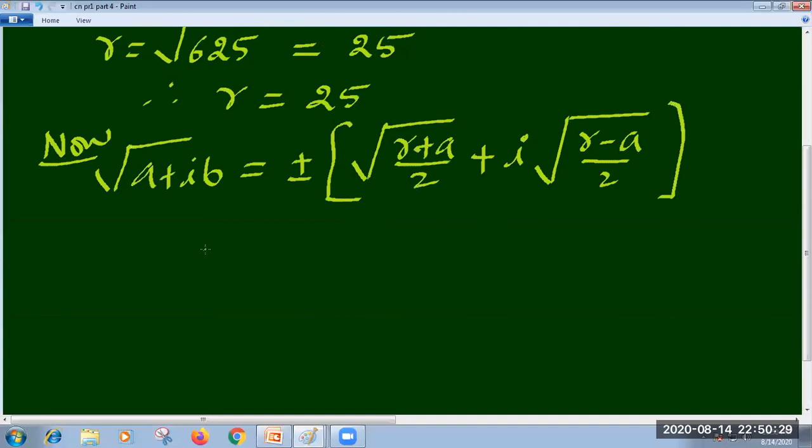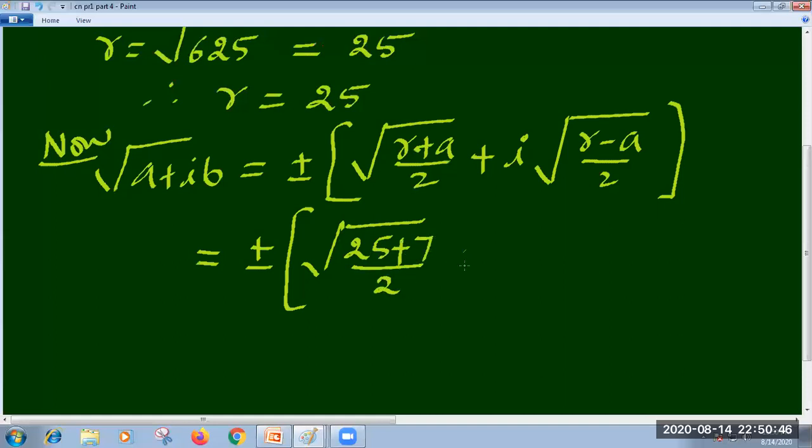So substitute the r and a values. So this is under root, r value 25, a value 7, so 25 plus 7 by 2, plus i under root r minus a, 25 minus 7 by 2.